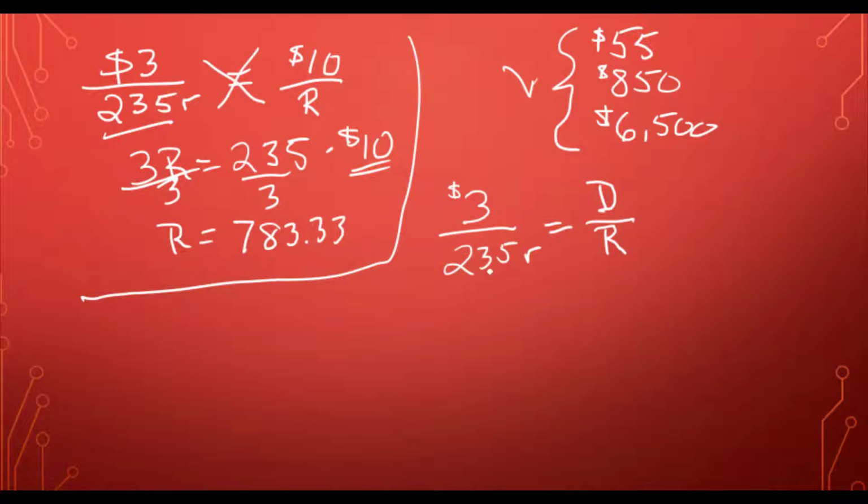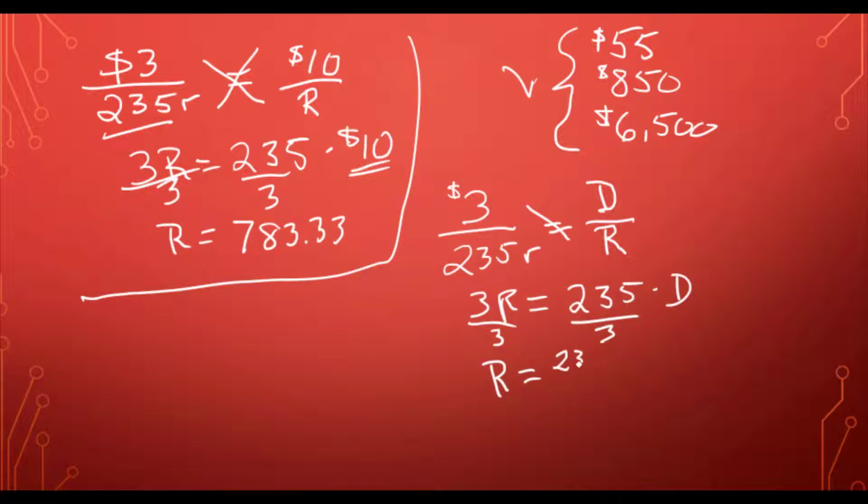So I'm going to cross multiply, and I get 3R equals 235 times D. Divide both sides by 3, and I get R equals 235 divided by 3 times D. Follow that logic? It's just simply using variables here instead of actual amounts like this or these.